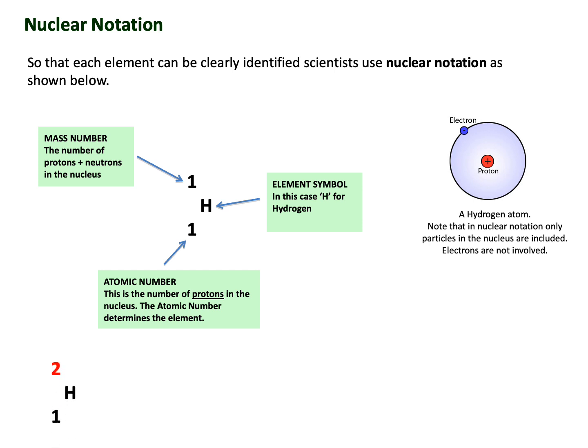Here's another example. Before I show you, try and identify what this is. Well, what element is it? What's its atomic number? And what's its mass number, shown in red? And what particles are in its nucleus, do you think?